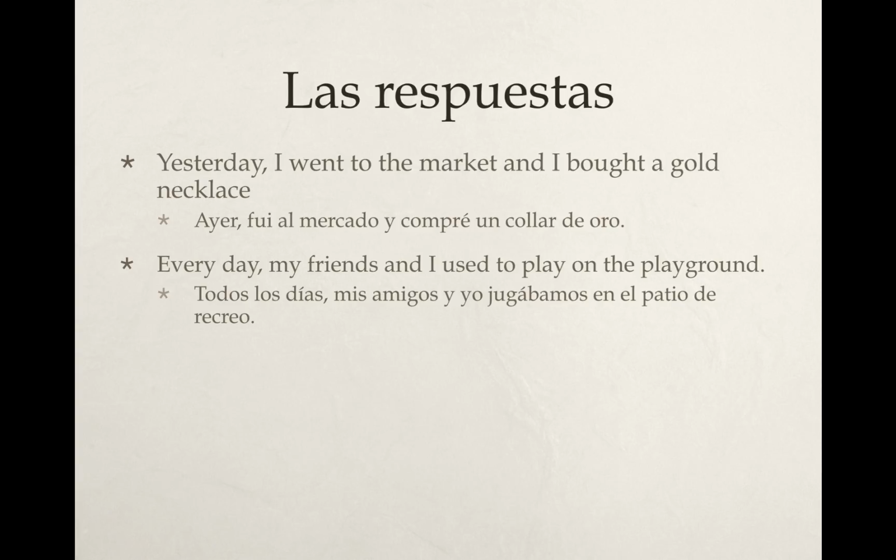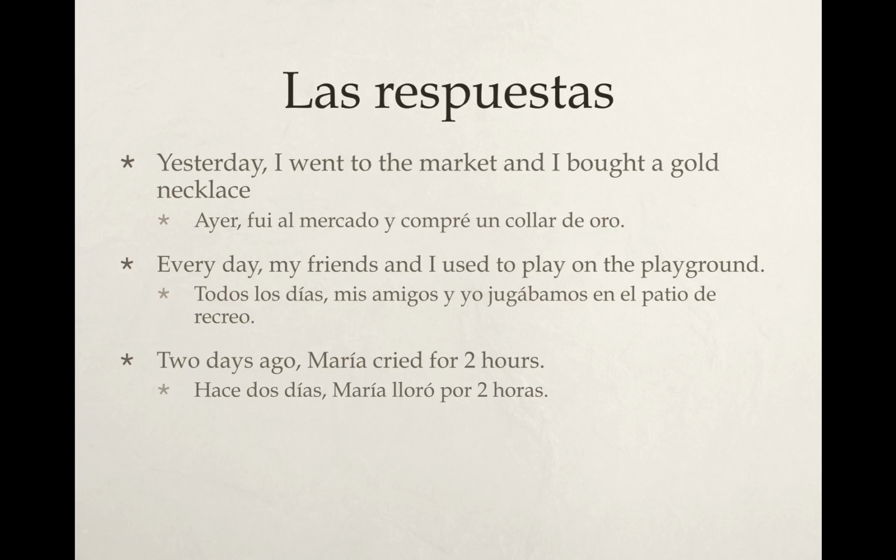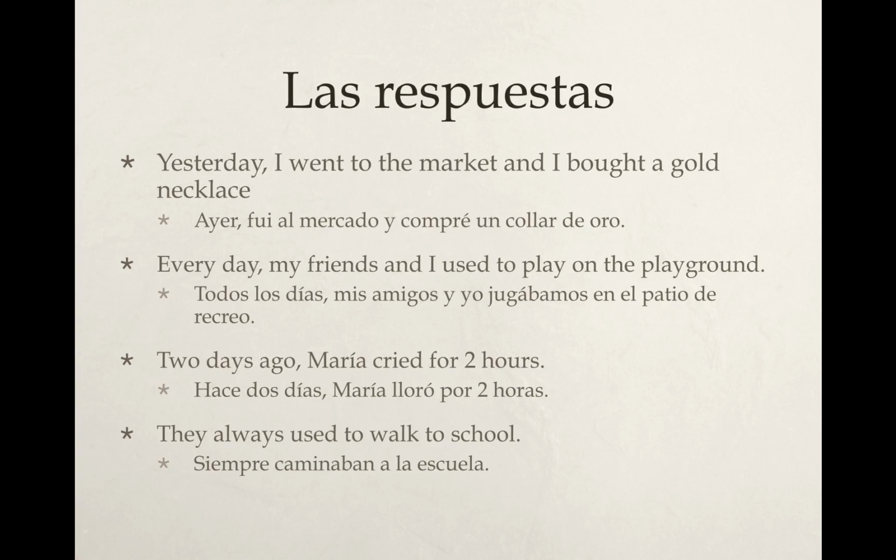Todos los días, mis amigos y yo jugábamos instead of jugamos en el patio de recreo. Two days ago, hace dos días, very specific time ago, she cried for two hours. And then we see the word always. Siempre is a keyword for the imperfect, so we're going to conjugate caminar in the ellos form in the imperfect tense. Siempre caminaban a la escuela.